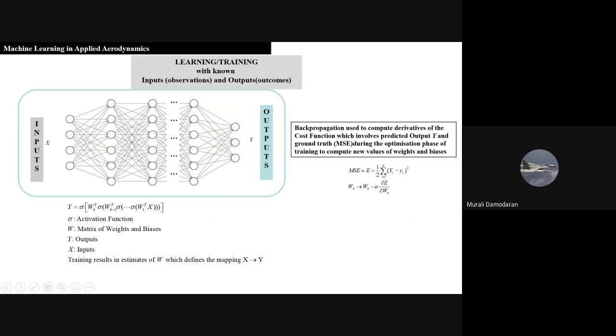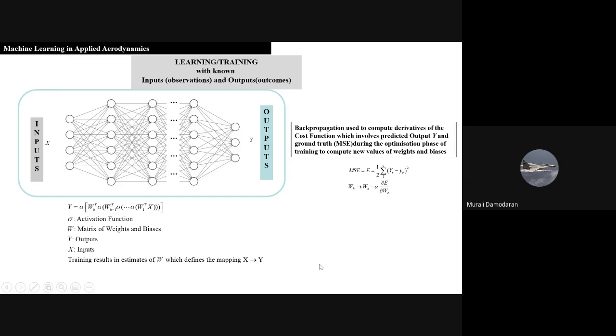So there are optimizers, something like steepest gradient descent. This alpha here will be the learning rate. Once you come here, you do this and then propagate back everywhere, and continue until the mean square error reaches a desired level, which you prescribe. That is in a nutshell what ANN does.